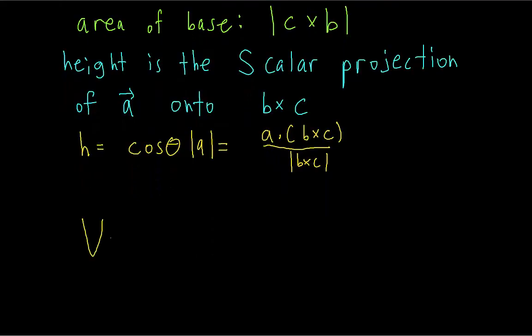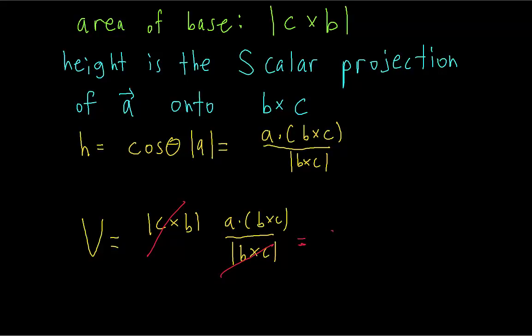So putting these together, we can cancel out the magnitude of the cross product. Notice how, even though C cross B and B cross C are not the same vector, they have the same magnitude. So we can cancel them out. And so the volume of this parallelepiped will be A dot the cross product of B and C.